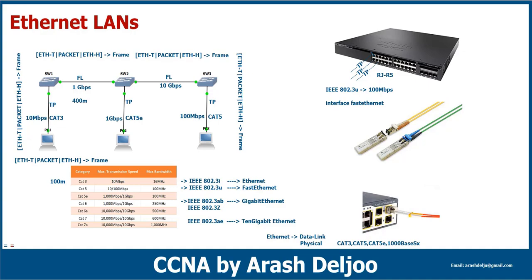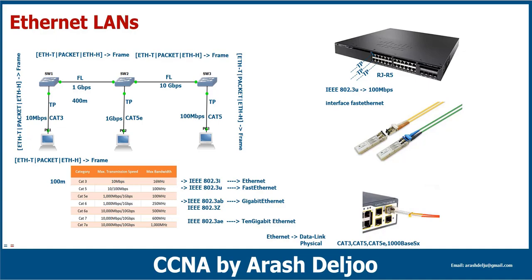But now I am going to give you more information about the twisted pair cables, specifically about how we can connect, for example, two switches to each other with the twisted pair cable, or how we can connect one switch to one PC, for example.